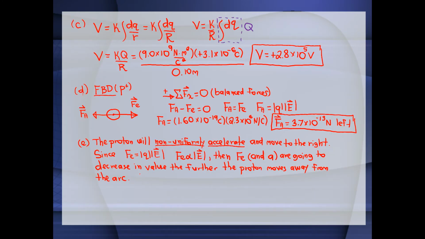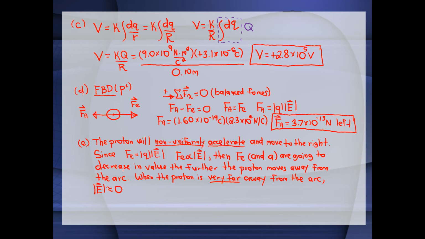So what I'll say now is when the proton is very far away from the arc, your electric field is going to be about 0.